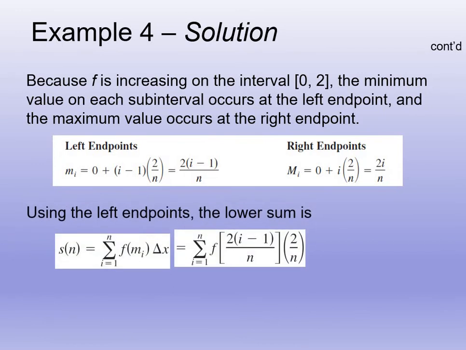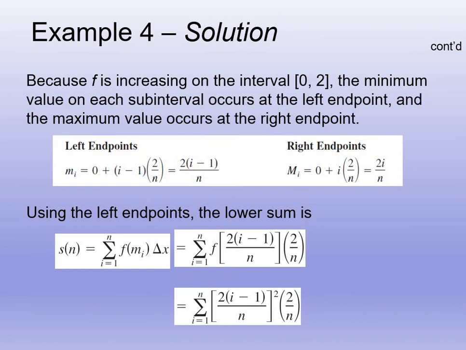All right, so we want to use the left endpoints, and we're going to calculate this. So we're going to do the lower sum. So it's going to be the sum from i equals 1 to n of f of (2(i minus 1) divided by n) times 2 over n. So we're going to take that 2(i minus 1) over n, and we're going to substitute that into the original function, which is x squared. The 2 over n is our delta x. Then we simplify a few things down before we do that.